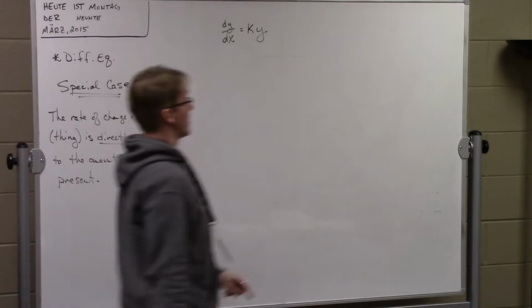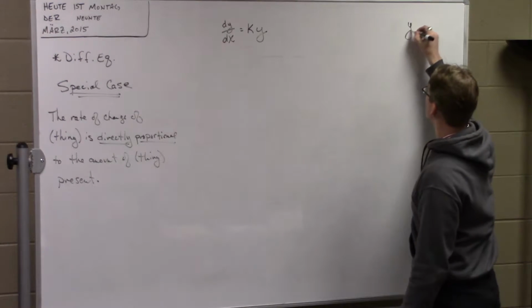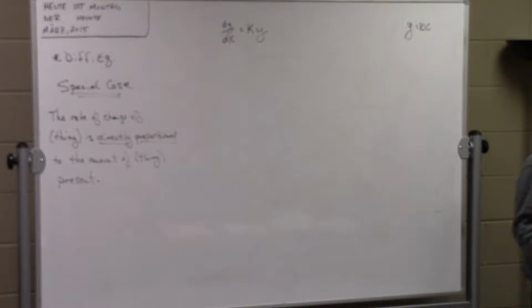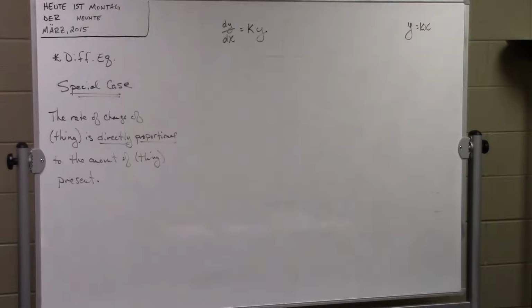Direct variation from algebra 1 looks like this. As one thing goes up, another thing goes up to match it. Think about a salary. If you get paid $10 an hour, you work more hours, you get more money, all right? But it's a linear thing, for the most part.